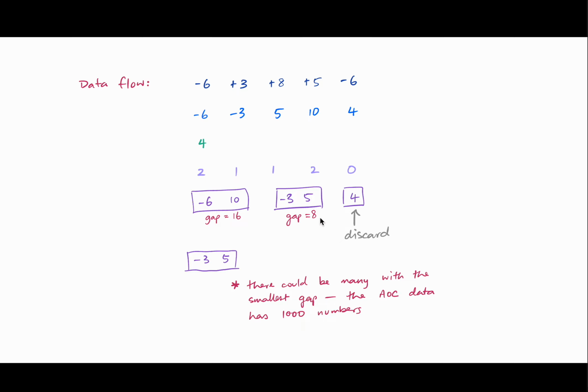We'll calculate the gaps. There's a gap here of 8 and a gap of 16. If you select the minimum gap, then we'll get the -3 and 5. You make sure they're sorted. In my early experiments, I sorted this early on so that everything here would automatically be sorted.